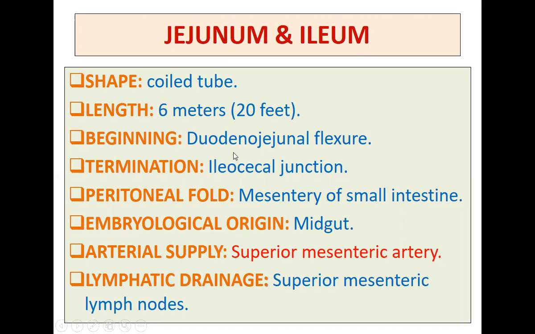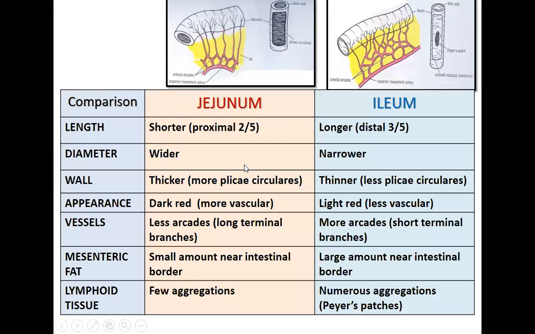Beginning from the duodenojejunal flexure, where the duodenum ends, there is the beginning of the jejunum. It terminates where it joins with the cecum, the first part of the large intestine. That junction is called the ileocecal junction.